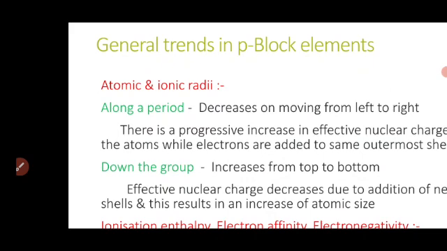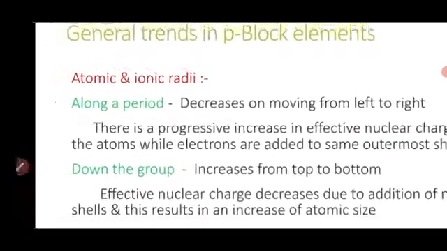Simultaneously, effective nuclear charge is also increasing, and hence the electrons in the outermost shell are dragged near to the nucleus, and hence the size decreases. So overall, when we study p block elements, the same thing is observed, that is along a period atomic or ionic radii decreases, that is from left to right.